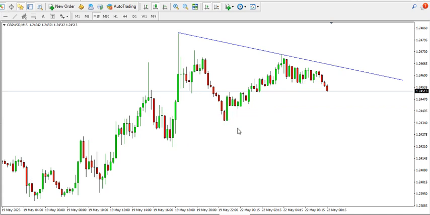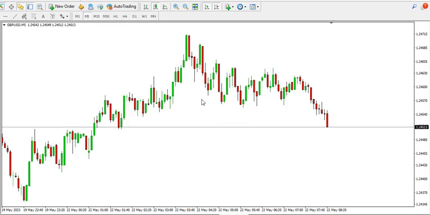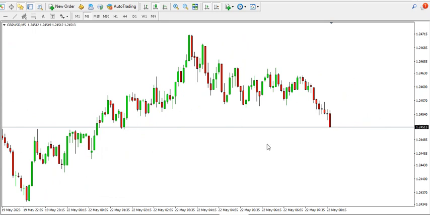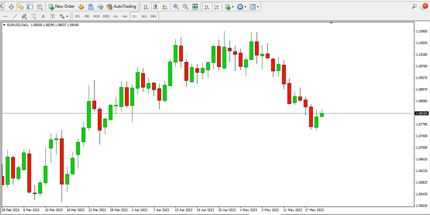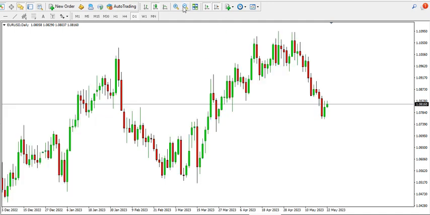So for now the price of cable, GBPUSD, is dropping on the 15 minutes time frame. On the 5 minutes time frame, it's also dropping. On the 1 minute time frame, it's also dropping. So you might look for short opportunities on GBPUSD.